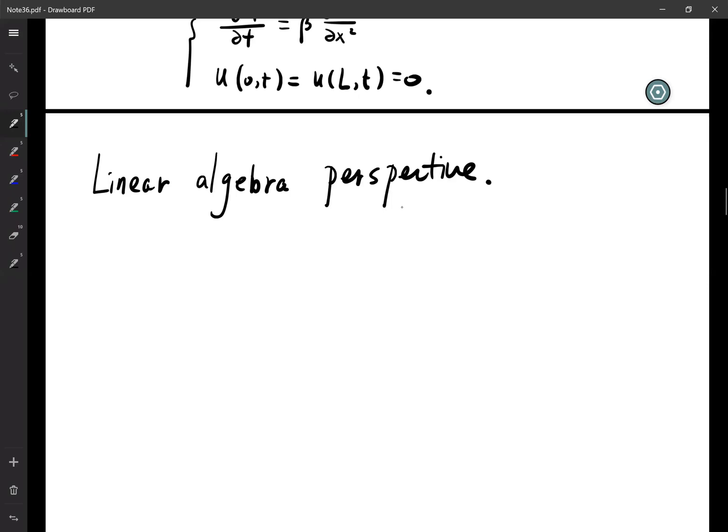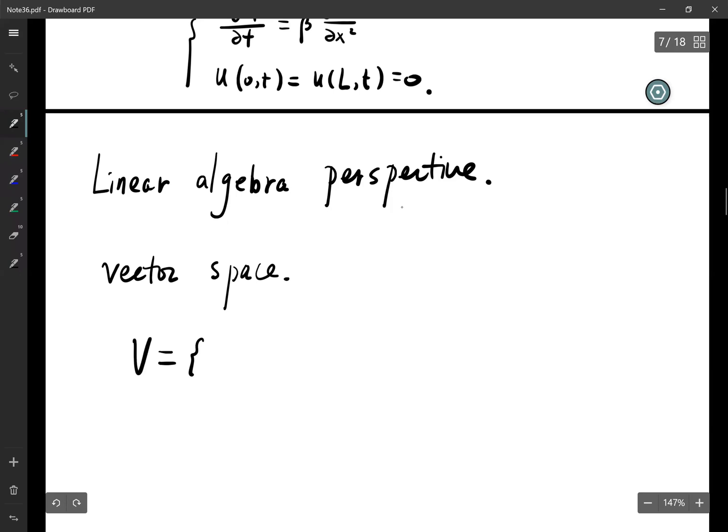The fabrication is very similar to the argument I made for the ODE, which is we look at a vector space, which is an infinite dimensional thing, and this vector space is V. Let's say I just consider this f(x), forget about t for the moment, where this f is infinitely differentiable.